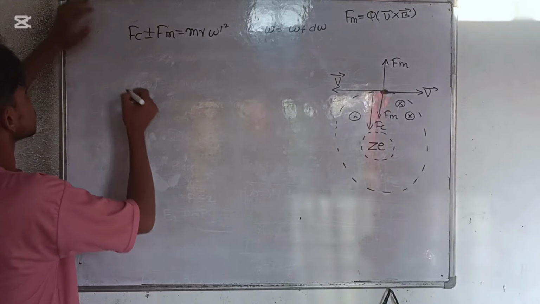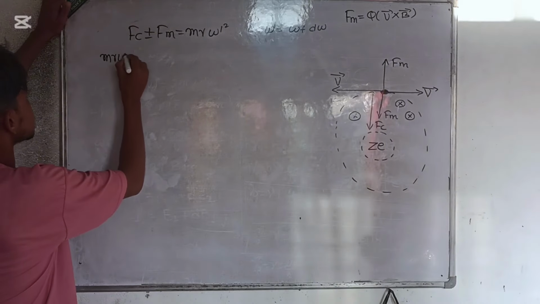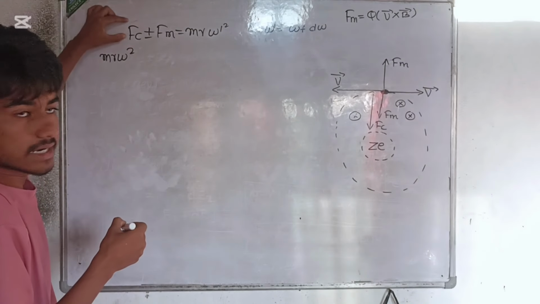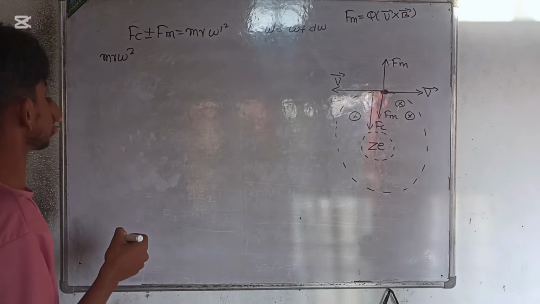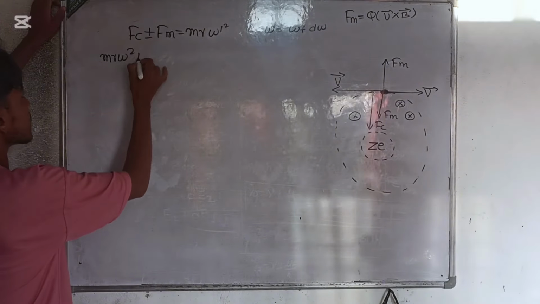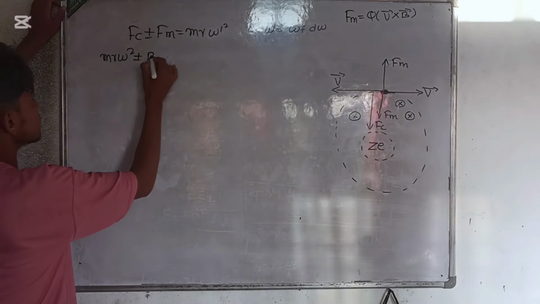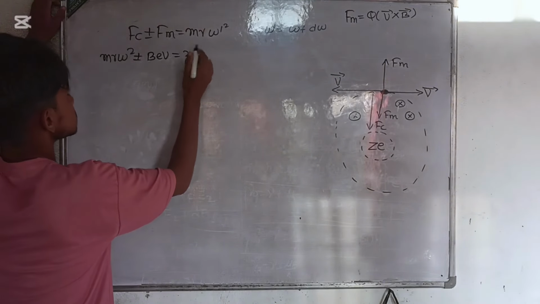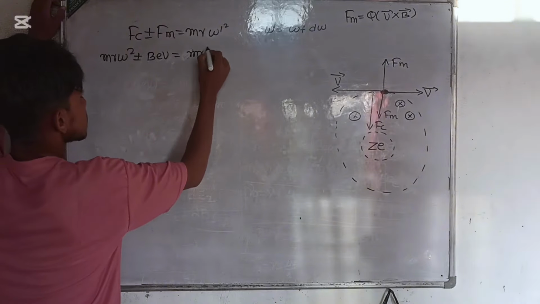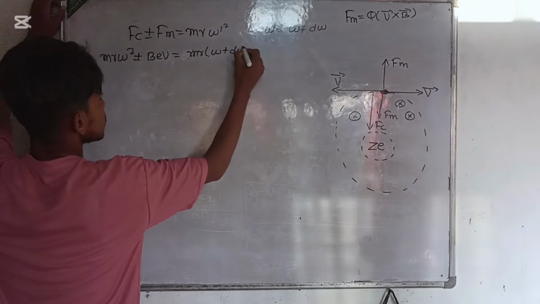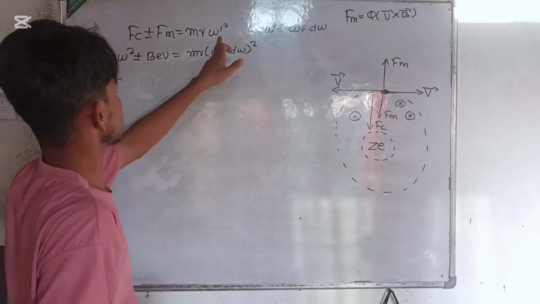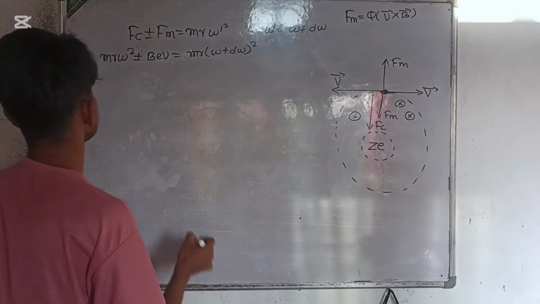So the centripetal force is nothing but m r omega square under equilibrium, right? Under the equilibrium condition, this is the centripetal force, and this plus minus B e v equals m r (omega plus d omega) whole square, because omega dash is nothing but omega plus d omega.